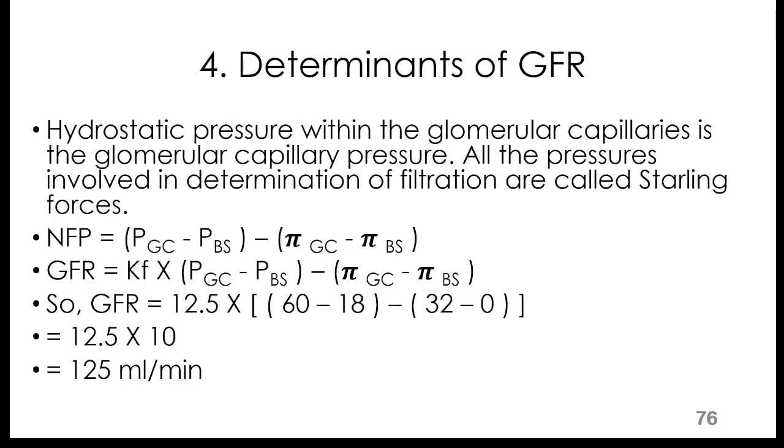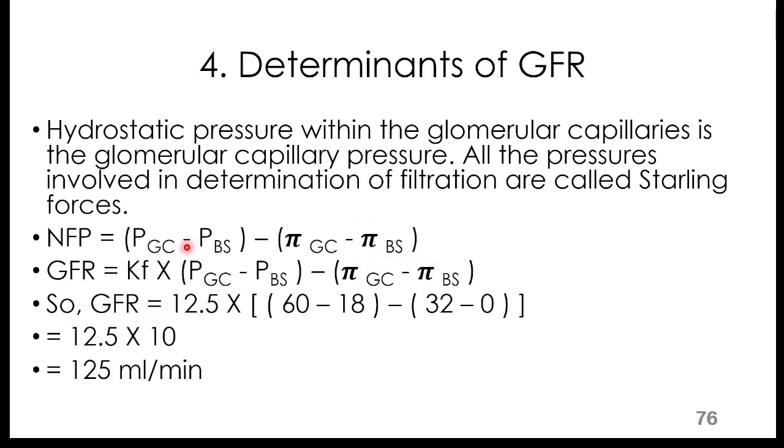Now you subtract from this the oncotic pressure within the glomerular capillaries minus the oncotic pressure within Bowman's capsule. As we said earlier, there is usually little to no oncotic pressure within Bowman's space, so this component should normally be approaching zero. So we just use zero for it.